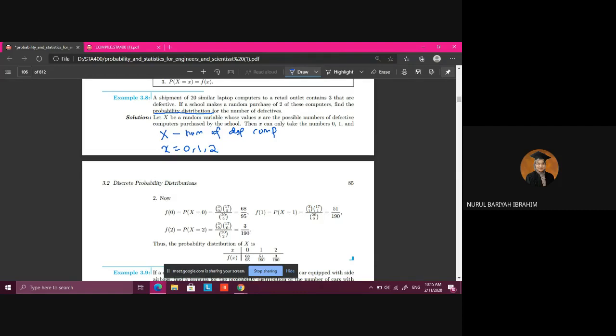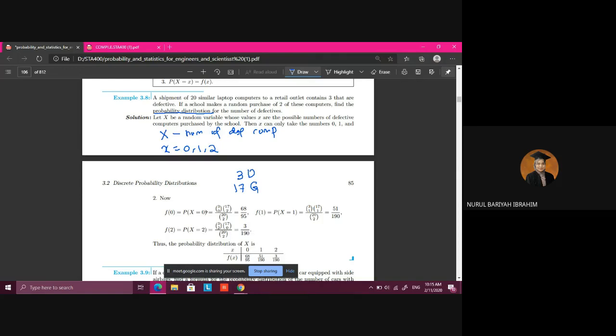So from the information given, we know that from the 20 tu adalah 3 is defective and another 17 is good. So from here, kalau nak X0 means that 0 defective computer. So daripada defective kita ada 3. So 3C0 multiply 17C2. Sebab kita nak pilih 2 saja kan. So sini 0, so sini will be 2.